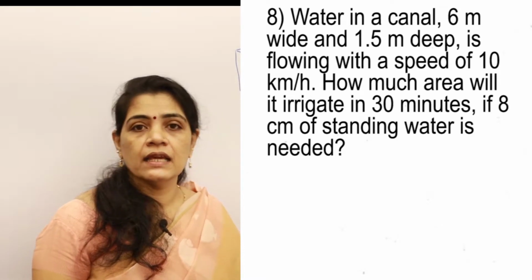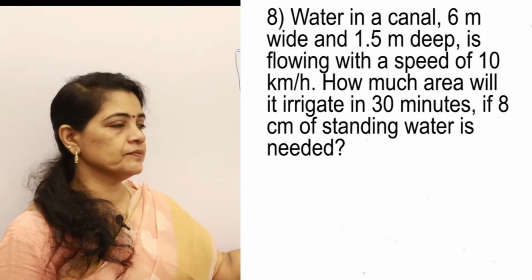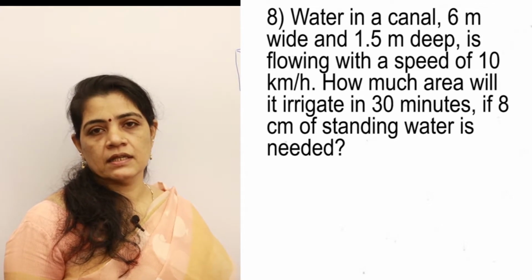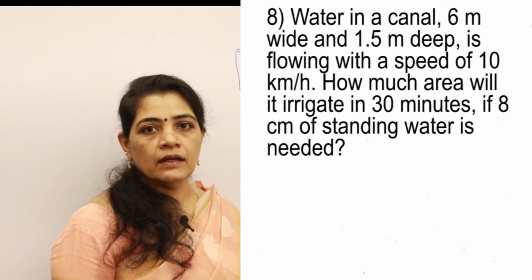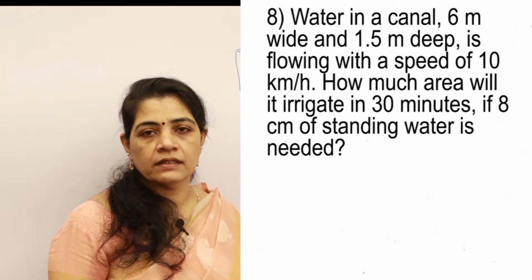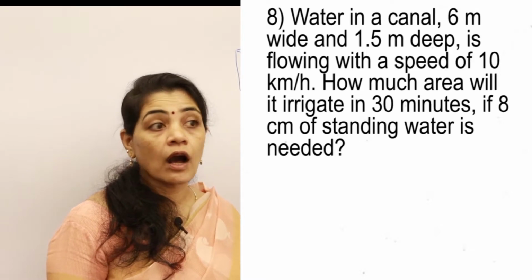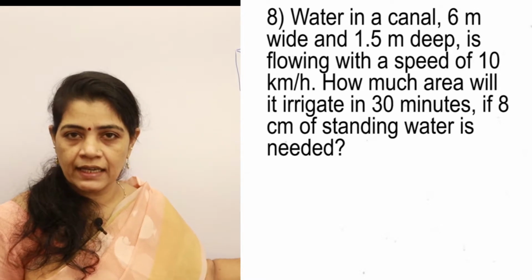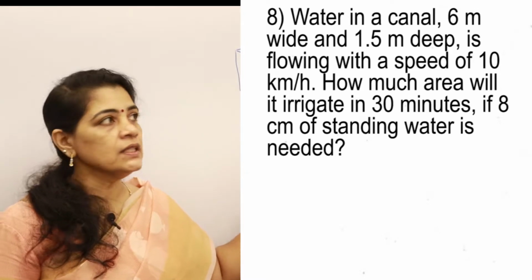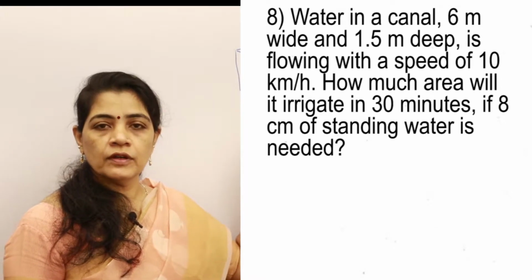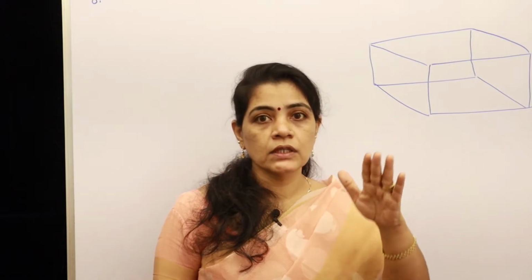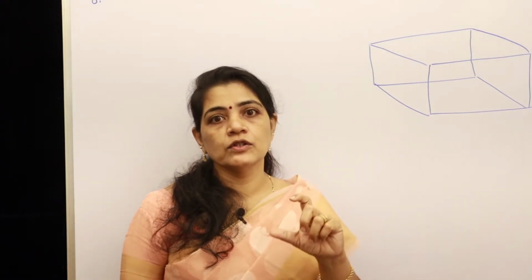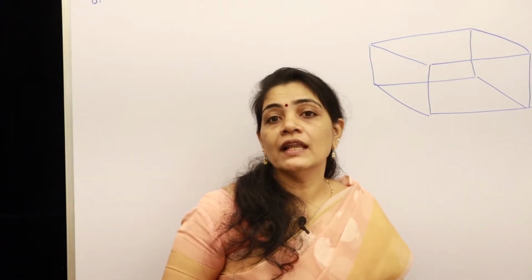How much area will it irrigate in 30 minutes if 8 centimeter of standing water is needed in the land to be irrigated? Okay, so how much area will it irrigate from the water from the tank, that is canal, which is flowing out in 30 minutes? That is what we have to find out, the area of the land. That is what is the question.